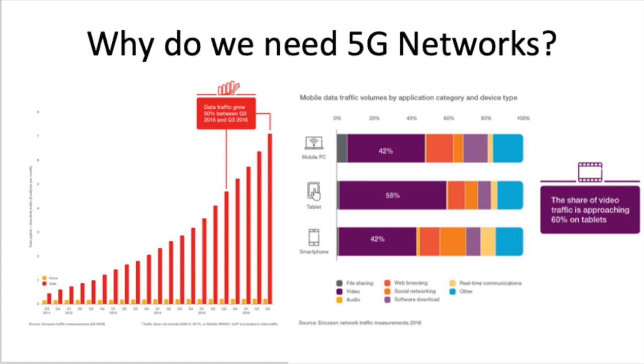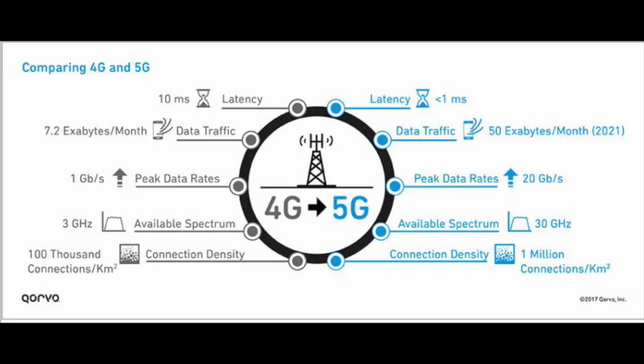The graph on the right shows mobile data traffic from 2016. Mobile data traffic patterns are primarily driven from video consumption and are expected to continue to grow in the years to come. Next, when comparing 4G to 5G, the improvements are incredible. 5G improves upon 4G capabilities in many important categories such as lower latency, higher data rates, and higher connection density.